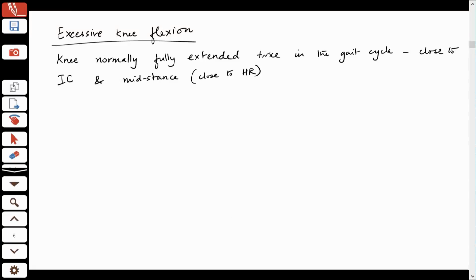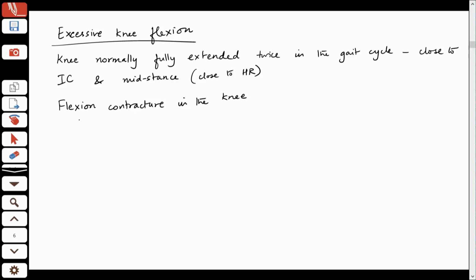So, one or both of these may not occur if the knee tends to be flexed. There may be a flexion contracture in the knee that prevents the knee from fully extending, so it will prevent full normal extension, it is possible at both of these instances in the gait cycle.